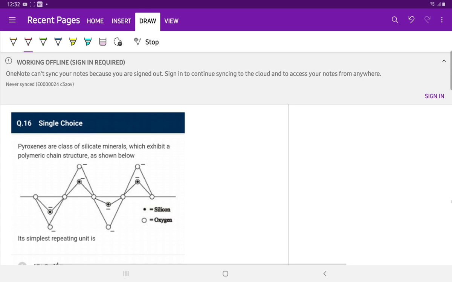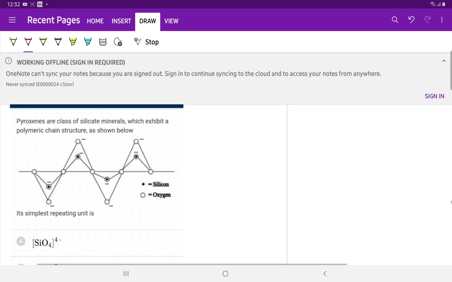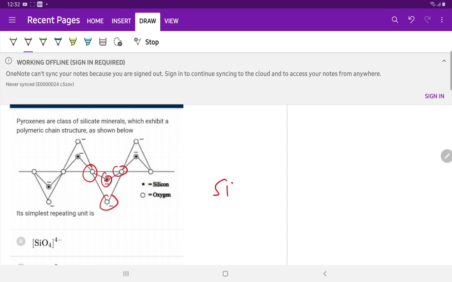Pyroxenes are a class of silicate minerals which exhibit a polymeric chain structure as shown below. Its simplest repeating unit is silicon, oxygen 1, oxygen 2, oxygen 3 and oxygen 4. Si, this oxygen will be counted as half since this oxygen is shared between two silicon atoms.